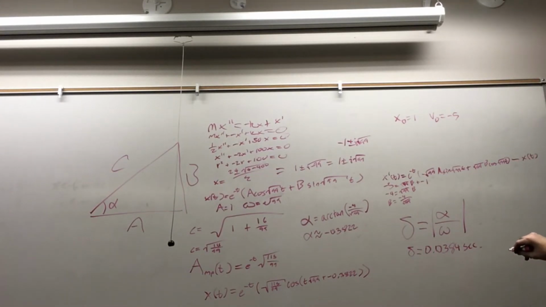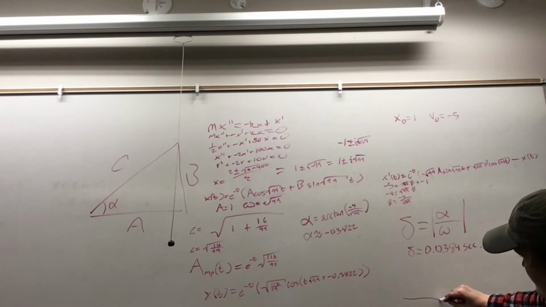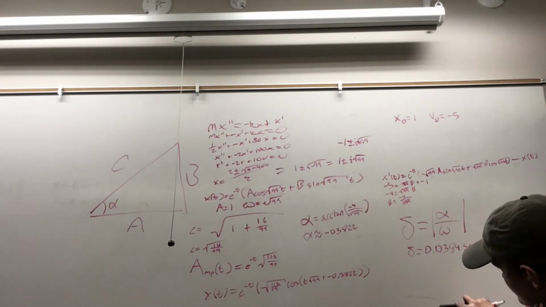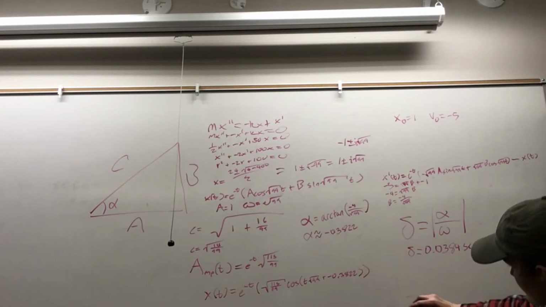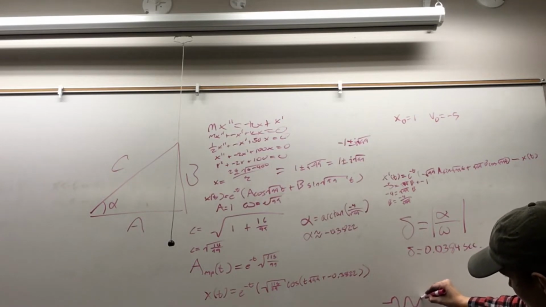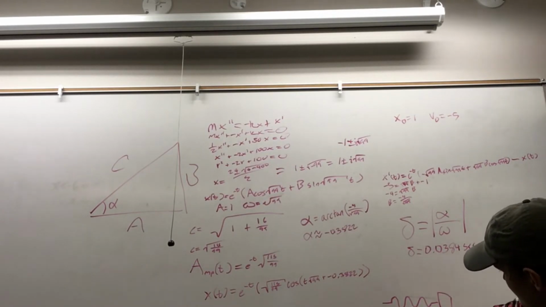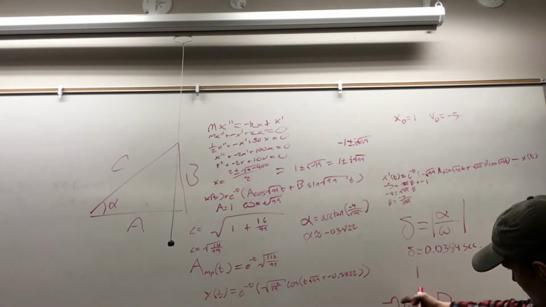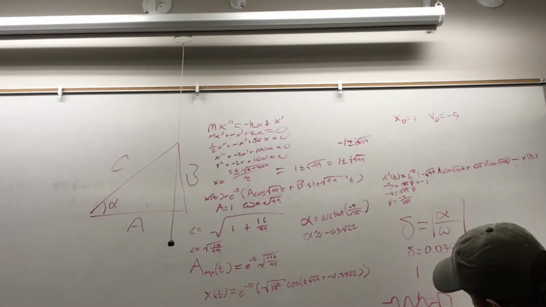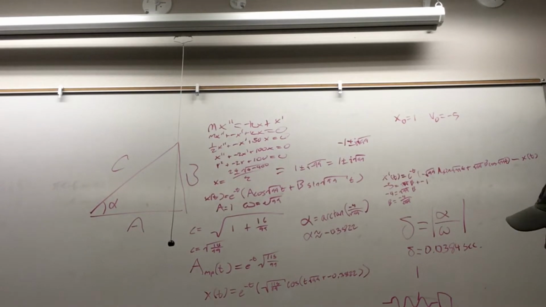I'll explain why I messed up, so you don't mess up the same way. If you have the spring and then the objects, and let's say this is the equilibrium point, we can imagine it's moving.